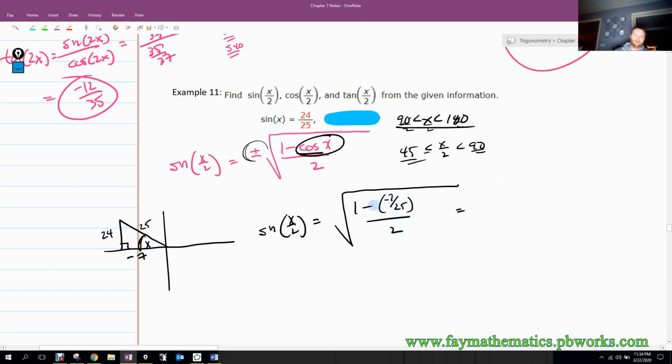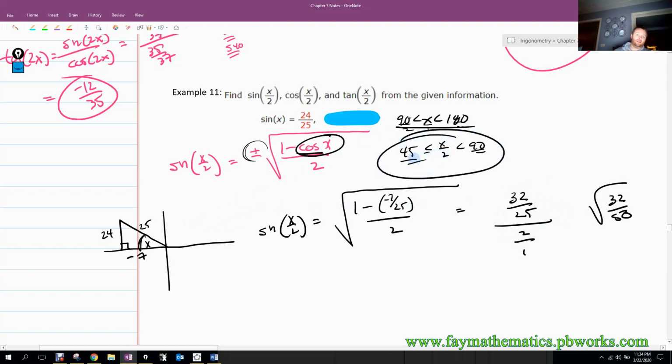So that's 1, which is 25/25, so it's 32/25, all over 2. So is it 32/50? So root 32/50. Because I know my half angle is between 45 and 90, it's a positive root 32/50.